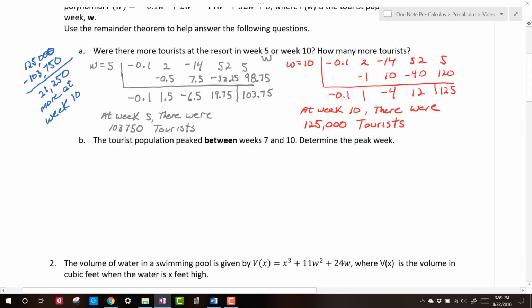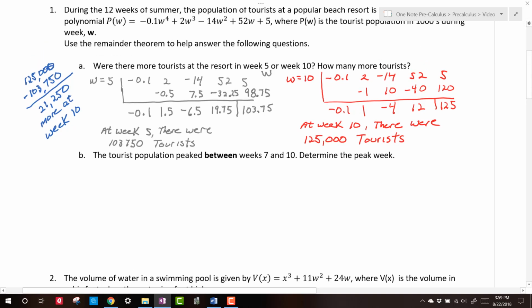So I'm thinking this time we pull out a calculator, we plug in 7, we see what the answer is. Just like in part A, I could have plugged in 5 to this function up at the top, and I would have gotten 103.75 as my answer. I could have plugged in 10, and I would have got 125. 10 was pretty easy, 5 was not quite so easy.